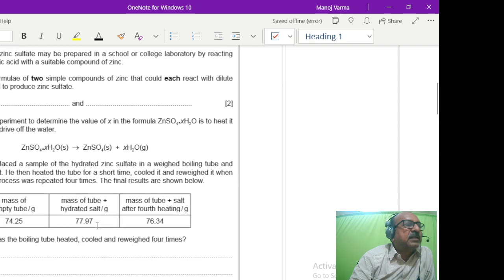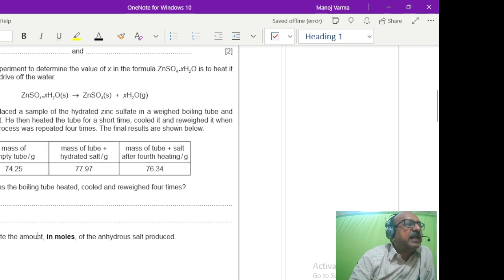So now let us do the calculations. Calculate the amount in moles of the anhydrous salt produced. So first you have to find out the mass of the anhydrous salt.